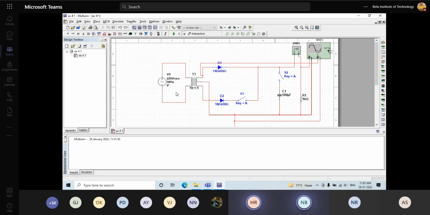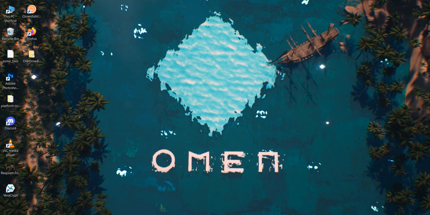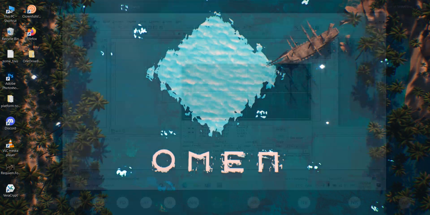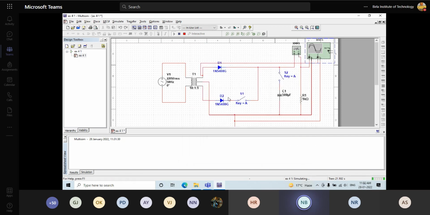And this one is the fourth one. Okay. So you can change the position of channel B or channel A. Below there, you can see the Y position. You can change it, so it will not overlap with each other. Yes, you can do it. And also for that full wave rectifier, could you do that? Yes, sir.